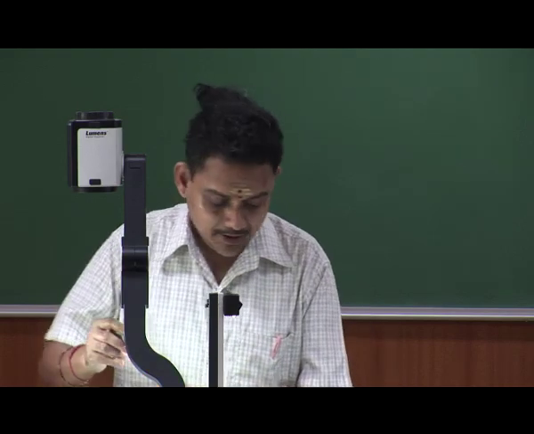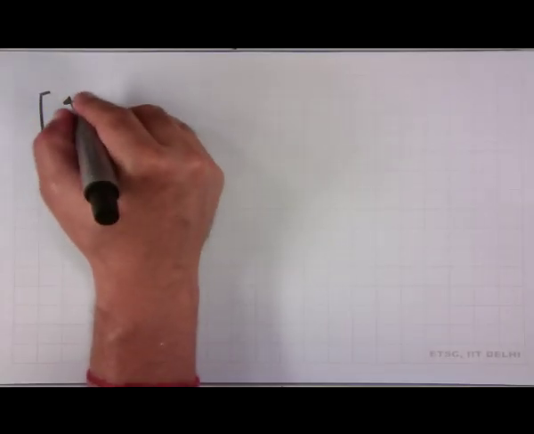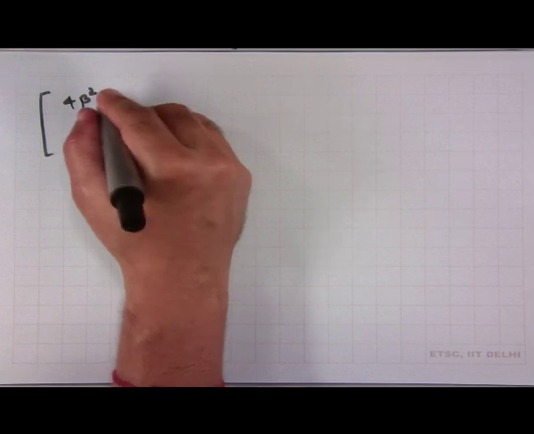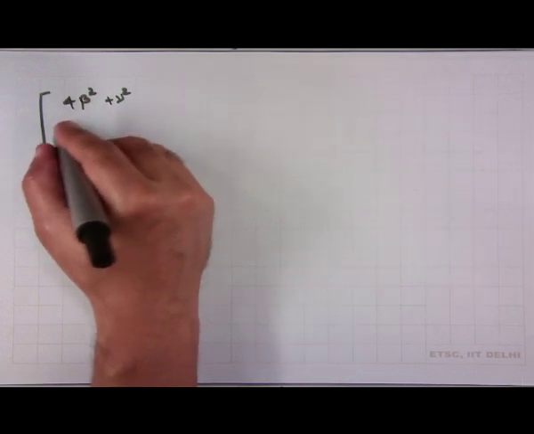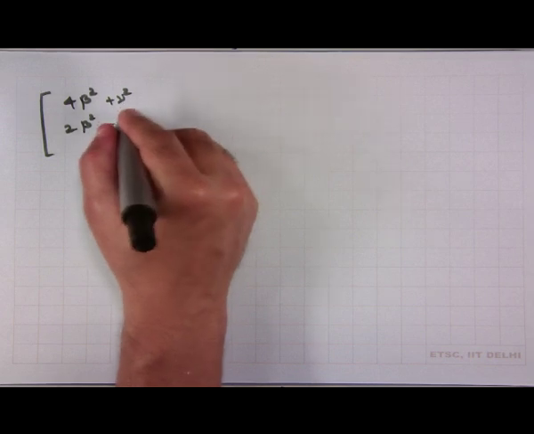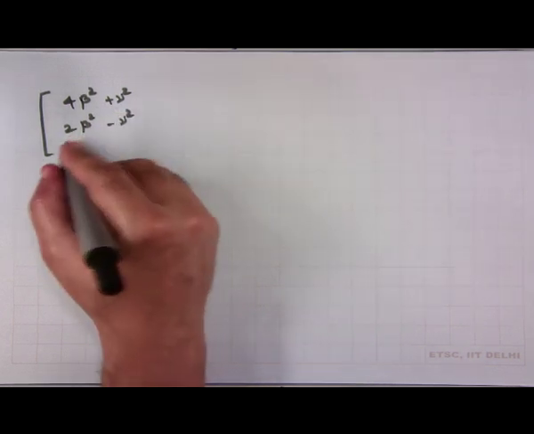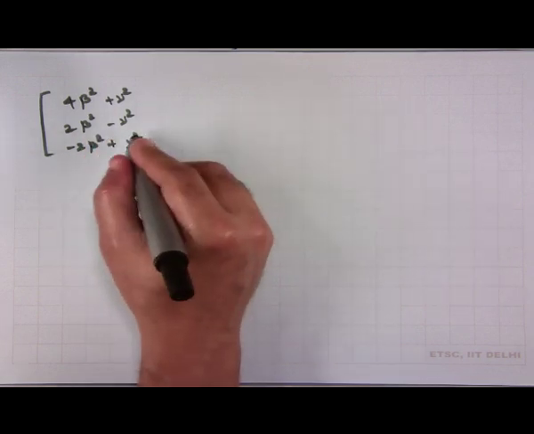Fine. Now, let us multiply the matrices that are on the left hand side. 4 beta square plus gamma square, 2 beta square minus gamma square, minus 2 beta square plus gamma square.